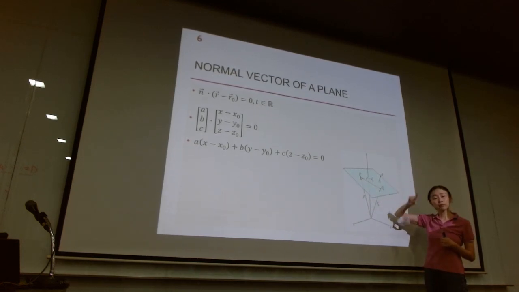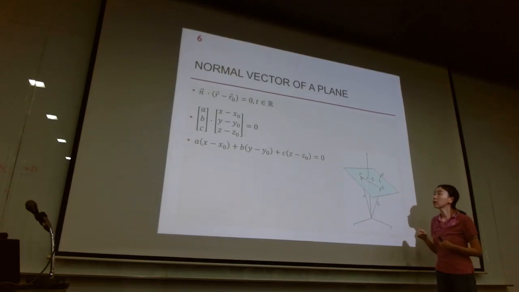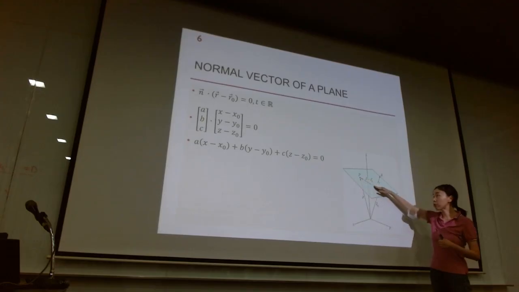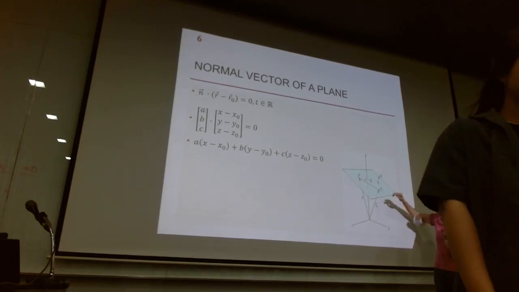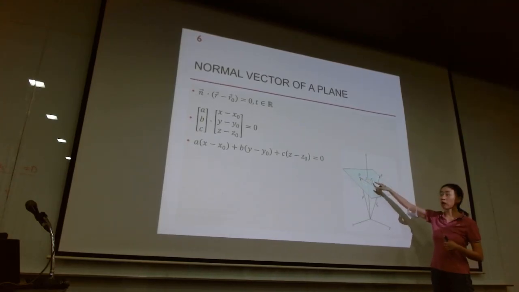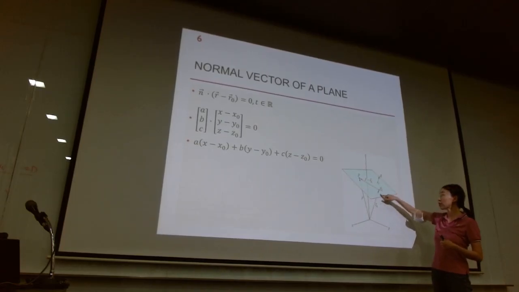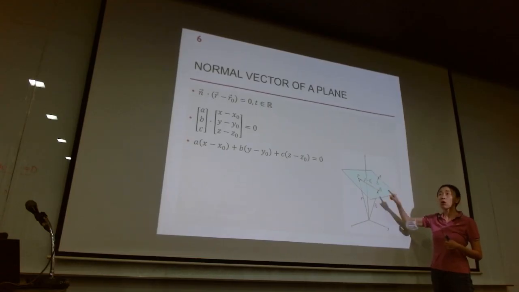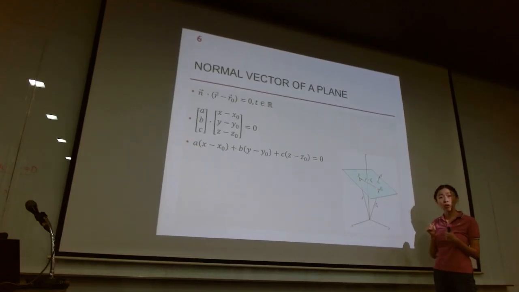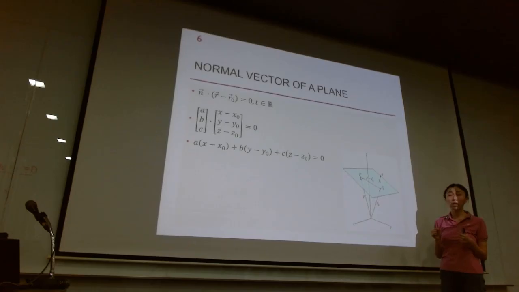So this normal vector is vertical with the plane. In this sense, if it's 90 degrees, the dot product of this one with any vector on this plane will be 0. Be careful, dot product you will get 0. Cross product you will get a vector.